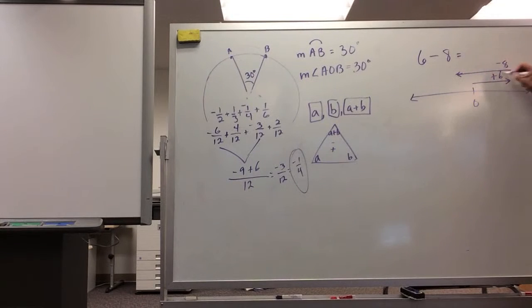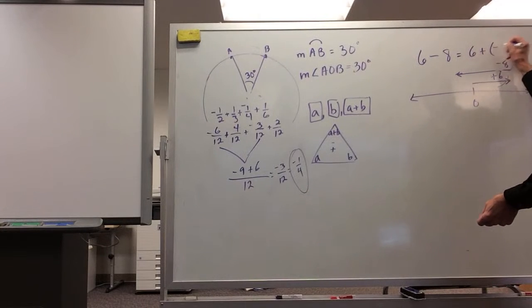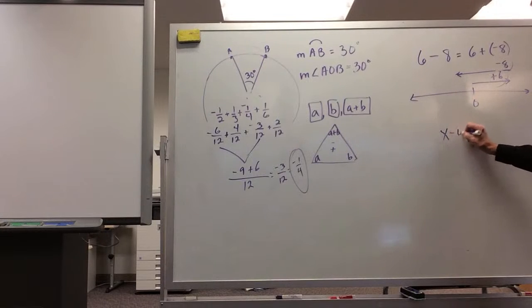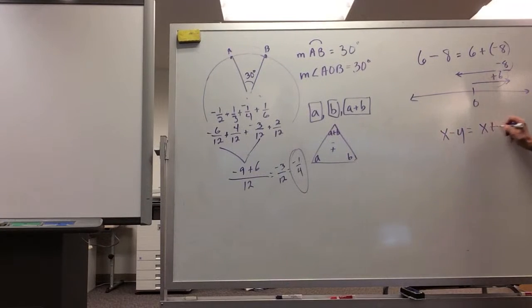That's like taking this negative 8 and that positive 6 and just putting them together. So that's 6 plus negative 8. It's the same. So x minus y is equal to x plus a negative y.